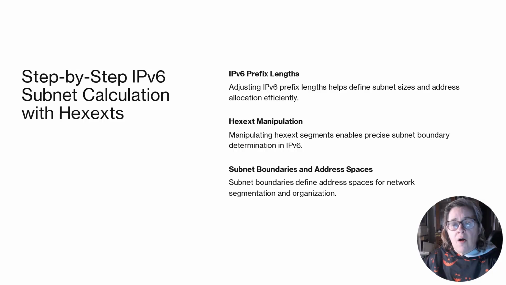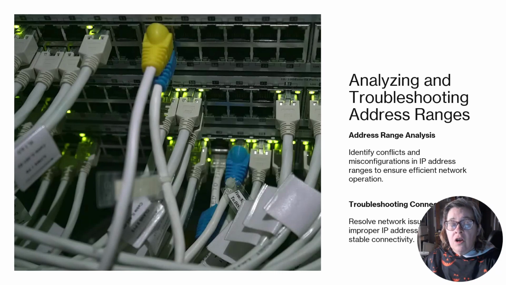We demonstrate IPv6 subnetting by manipulating prefix lengths and hexets, showing how to determine subnet boundaries and address spaces. Learn how to analyze address ranges for conflicts or misconfigurations and troubleshoot network connectivity issues related to IP addressing.